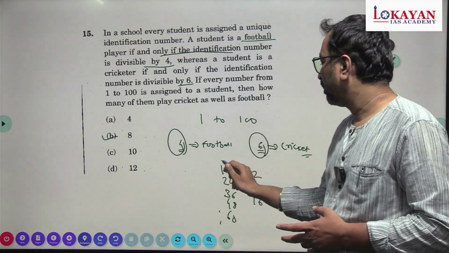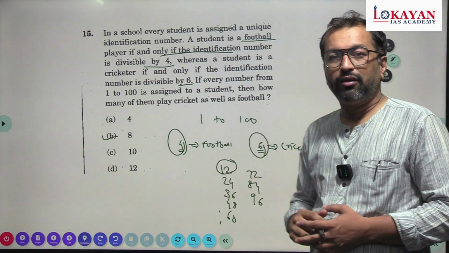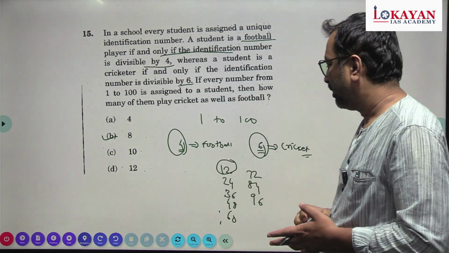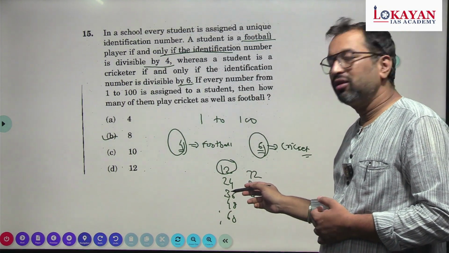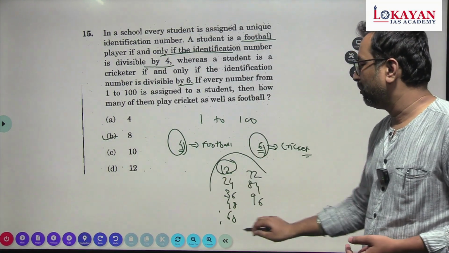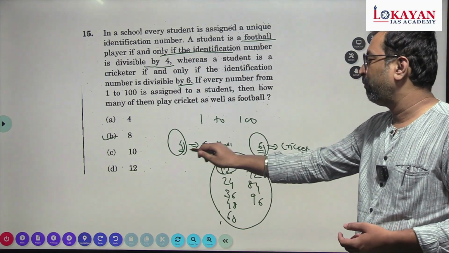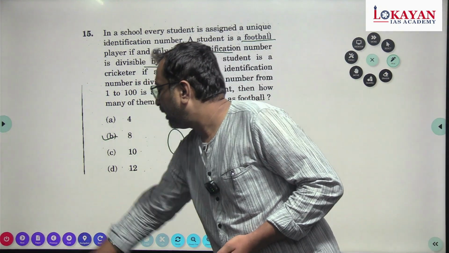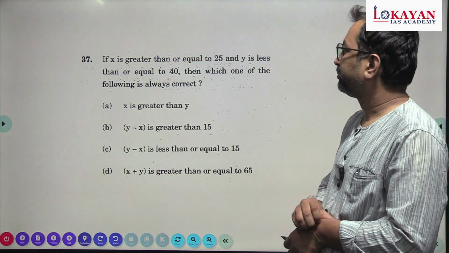So we have found that 12 is such first number that is divisible by both 4 and 6. So again, the next jersey numbers will be multiples of 12 only. So there are 8 such numbers which are both divisible by 4 and 6. So those are the 8 football as well as cricket players.